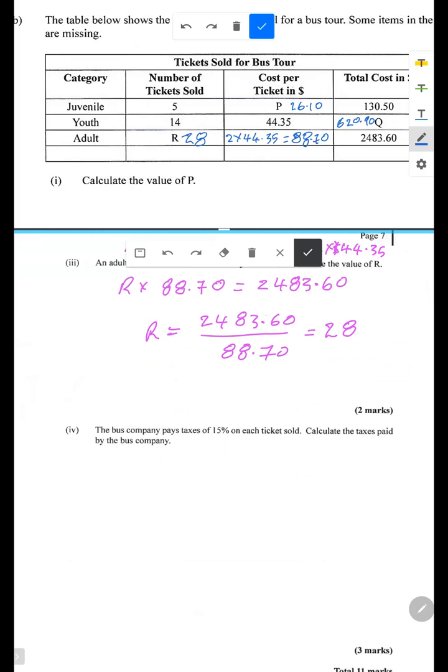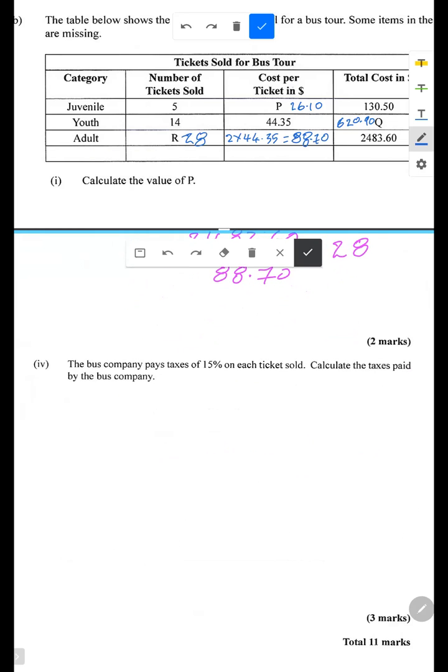So coming right along now, it says the bus company pays tax of 15% on each ticket sold. Calculate the tax paid by the bus company. So basically, if you pay 15% on each ticket, then the overall is also going to be 15% of the total.